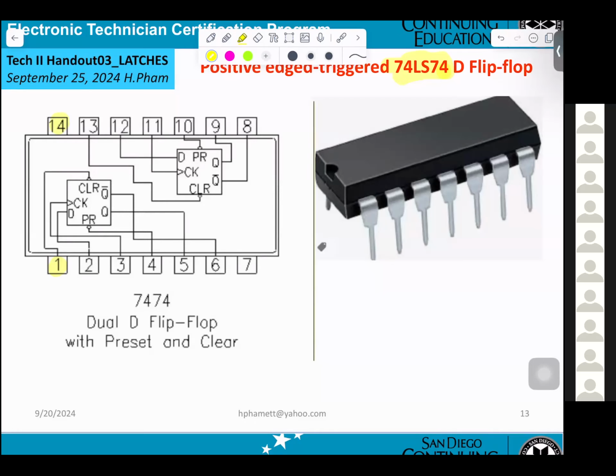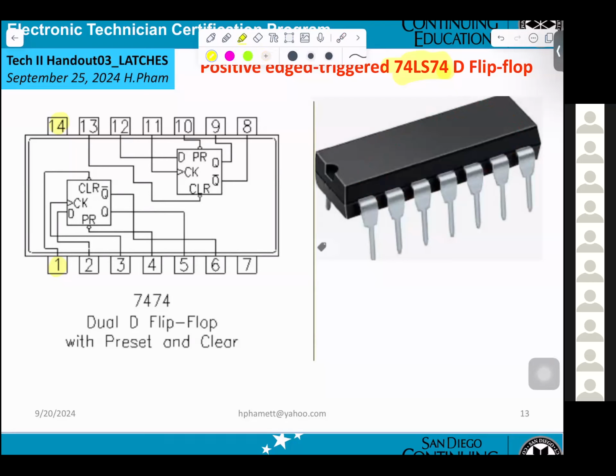Normally on the IC, with 14 pins, pin 14 will be 5 volt, pin 7 will be ground. Inside it, how many flip-flops do you see? 2.